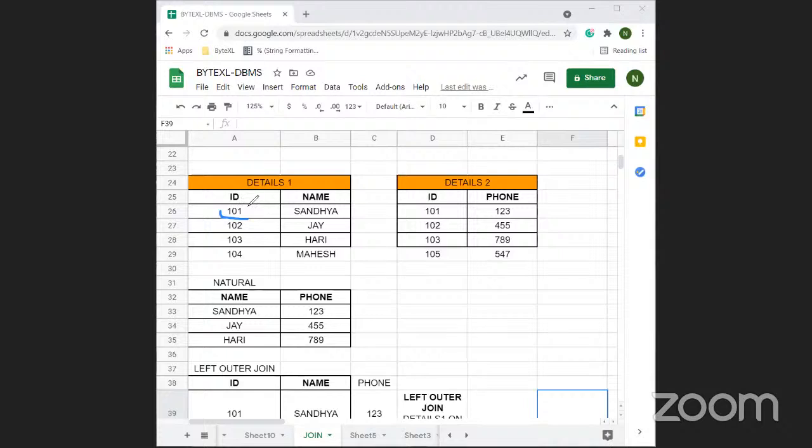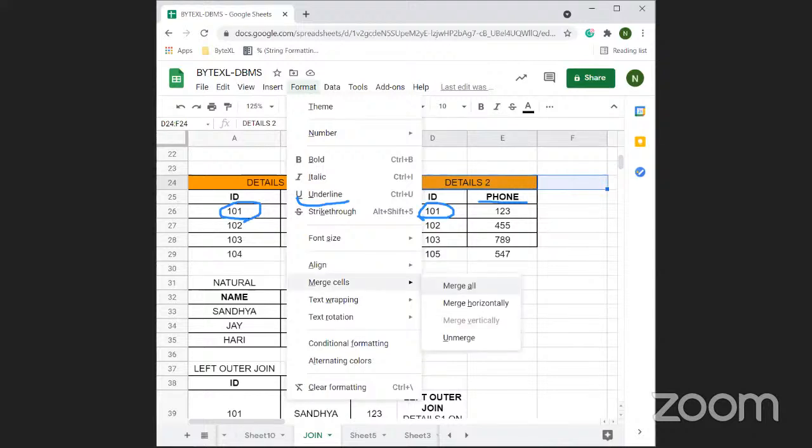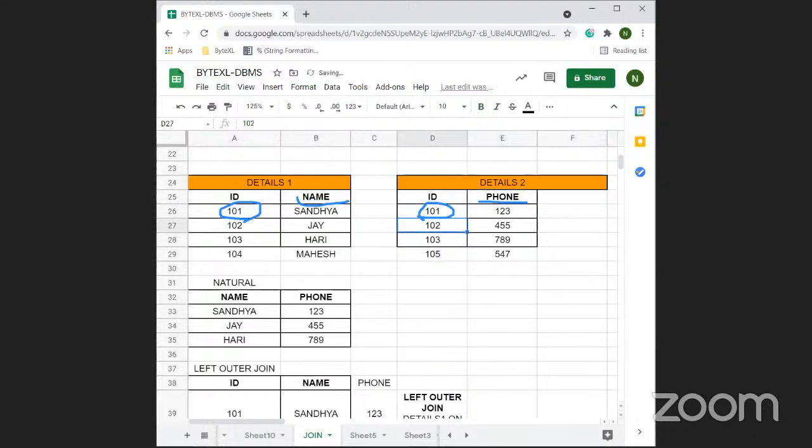So first we have 101, the same ID in both the tables. I am selecting the name column and phone column. Even if I have an extra value in this given table, it does not matter actually. So to give you a still clearer picture, let us assume some extra values can also be present.